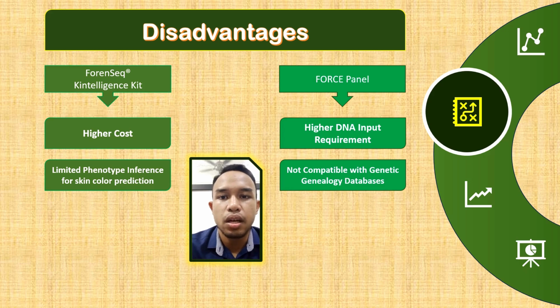The primary drawbacks are cost-related. The laboratory preparation process involves significantly higher expenses compared to the FORCE panel. Additionally, while excellent for identification purposes, it doesn't include SNPs for skin color prediction, which limits its application in externally visible characteristic analysis. The FORCE panel has different constraints. Its requirement of at least 10 nanograms of input DNA can be problematic when working with highly compromised samples.